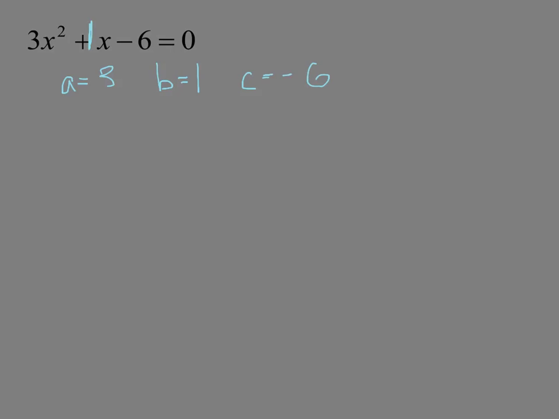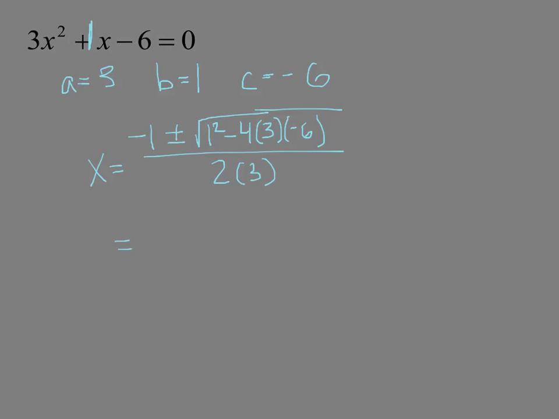So if I go ahead and plug it into the quadratic formula, I'm going to get x equals negative b plus or minus the square root of b squared minus 4 times a times c all over 2a.